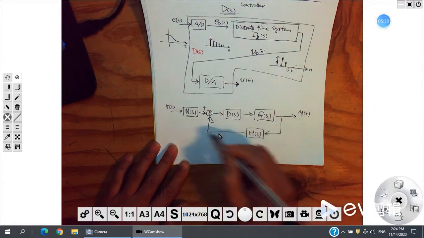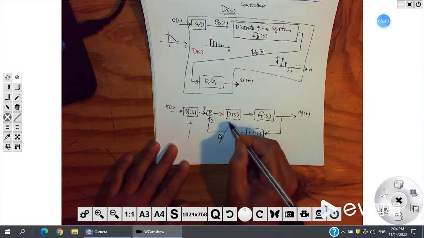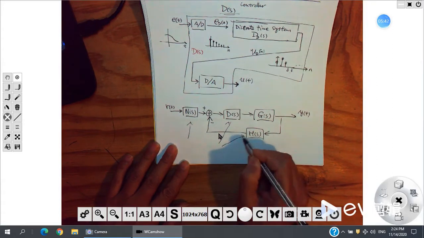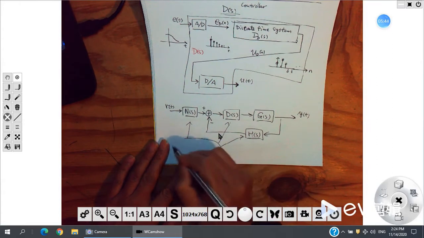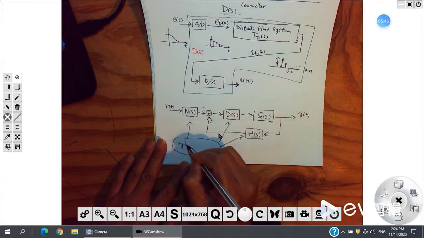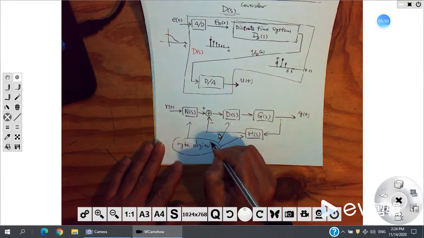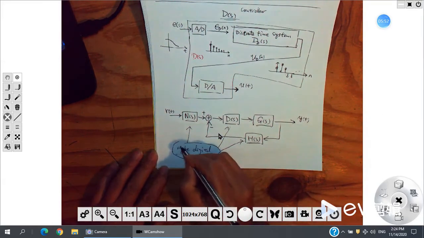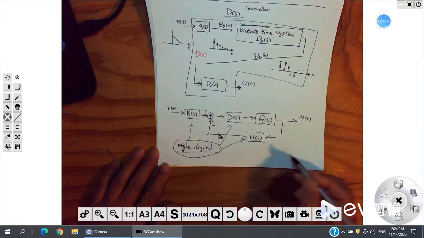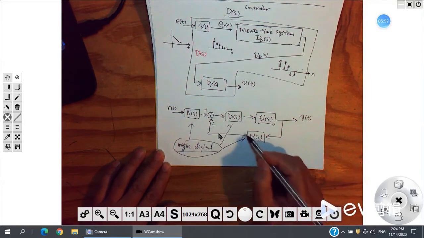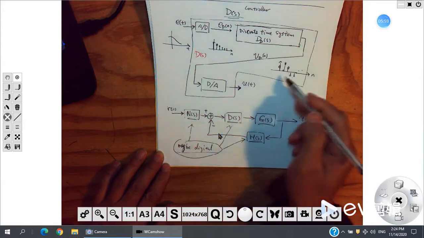Then this one, and sometimes also this one, maybe digital. They might be digital. Each one you can try to realize this way.